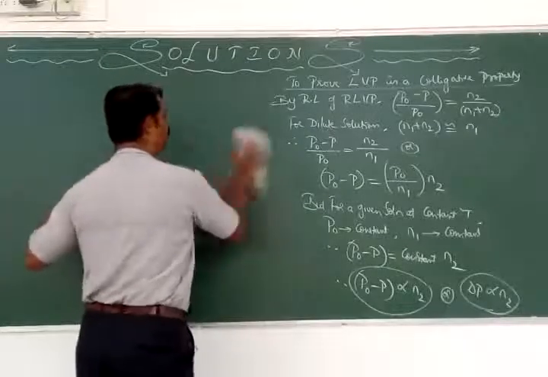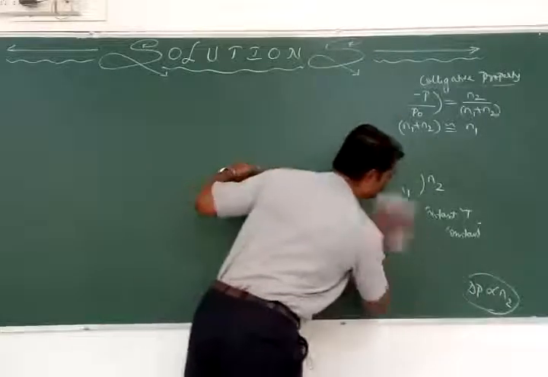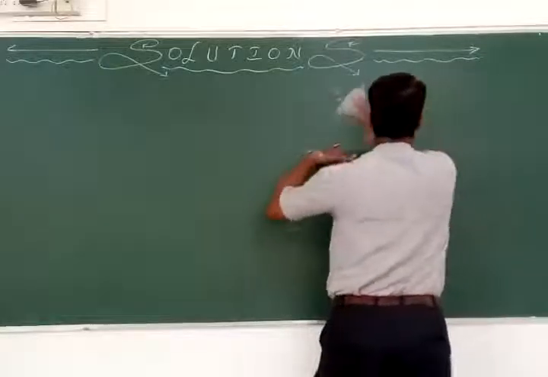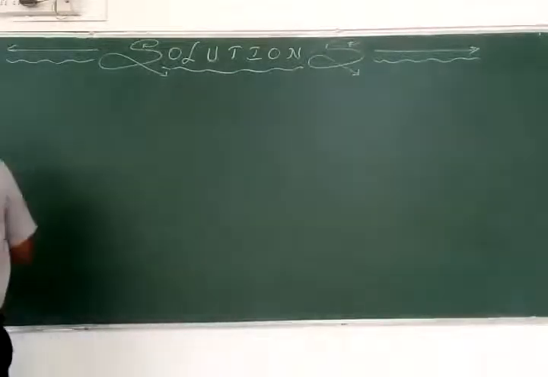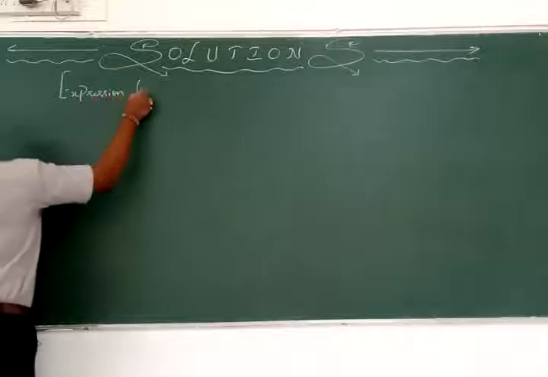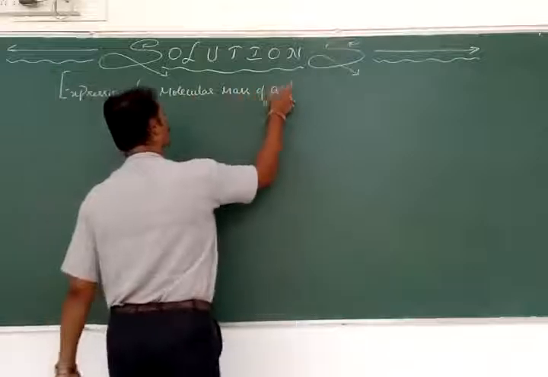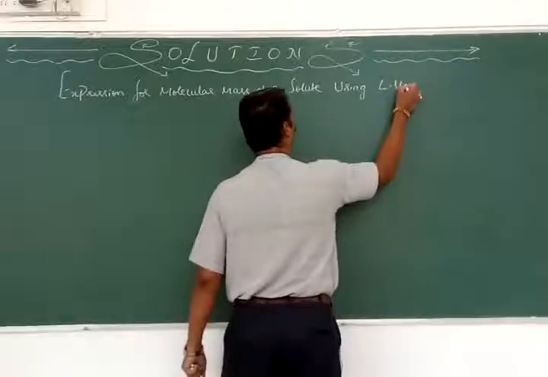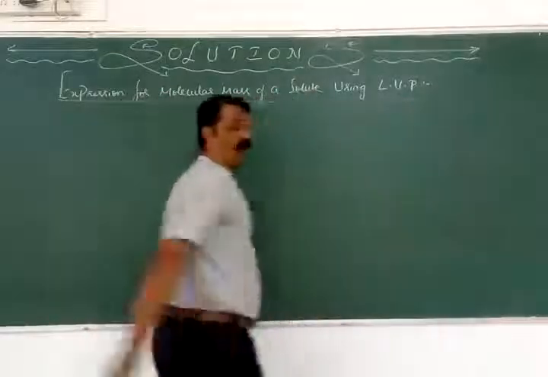Next, how to get the expression for molecular mass of a solute using a colligative property called LVP, lowering of vapor pressure.